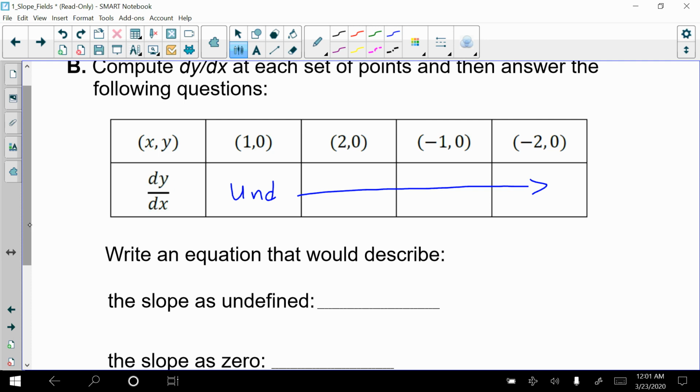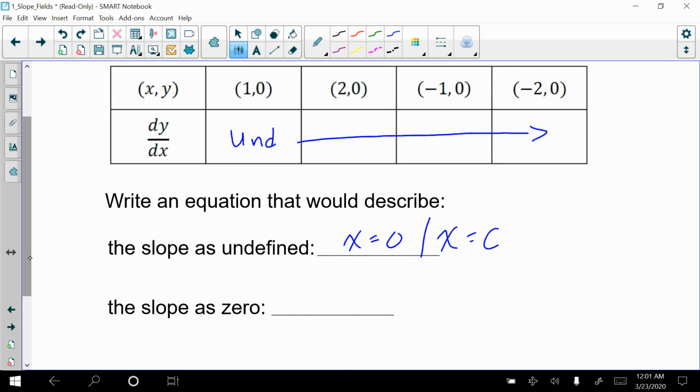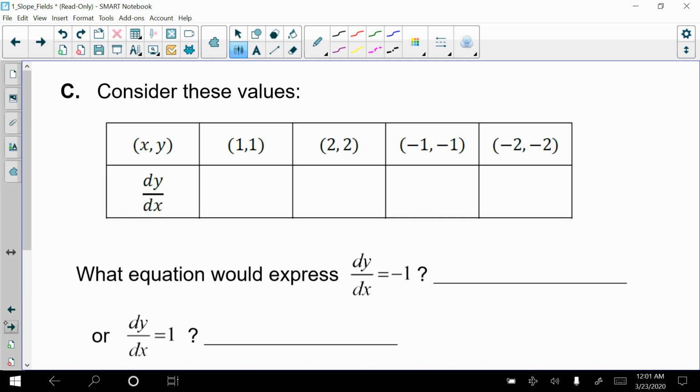Well, with the vertical line, that's when we have x equal to 0, or x equal to any number, really. x can be equal to c, any number. And when the slope is 0, that would be when y is equal to some number, or when y is equal to 0, or y is equal to any particular number. That's when we would have a horizontal line with a slope of 0.